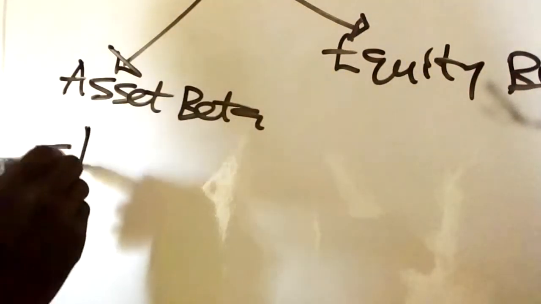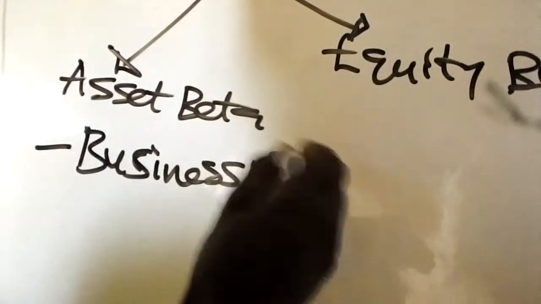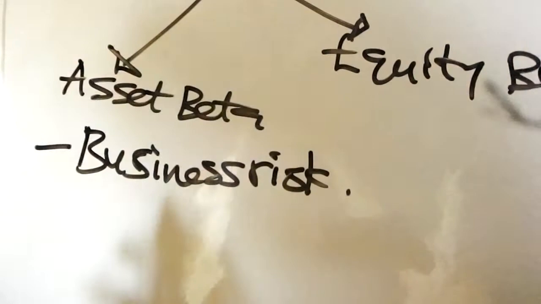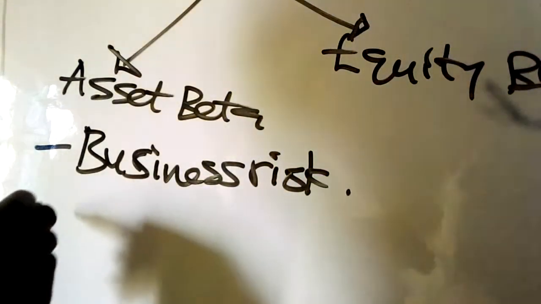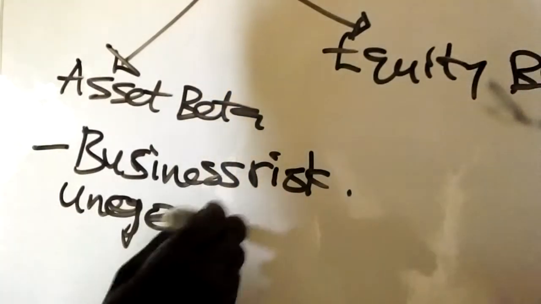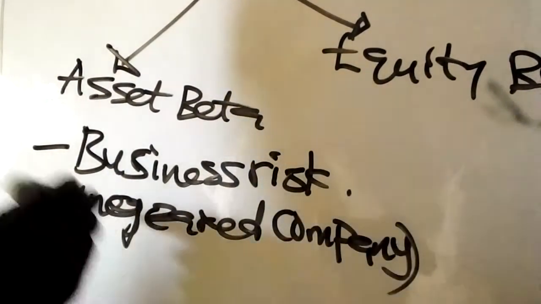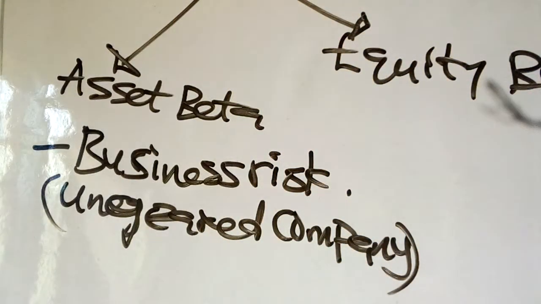So we have business risk. When the business is faced with only the business risk, that is when it is an ungeared company. When the business is all equity financed, then asset beta will be appropriate.